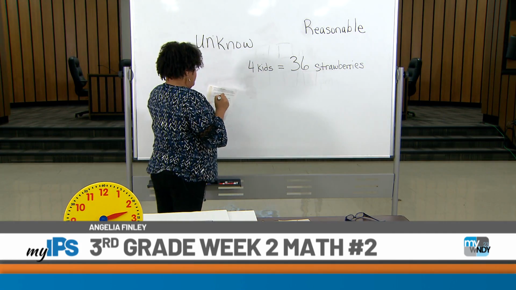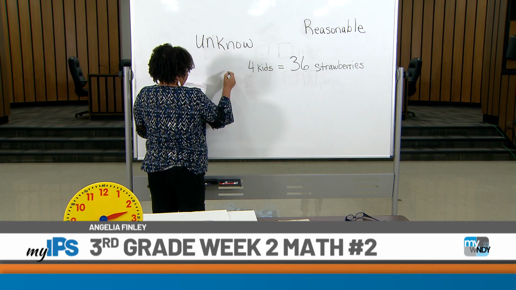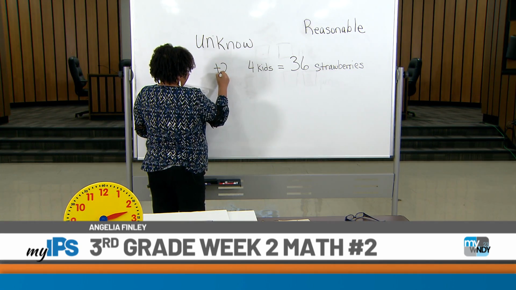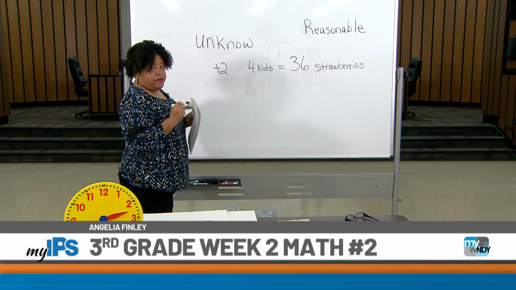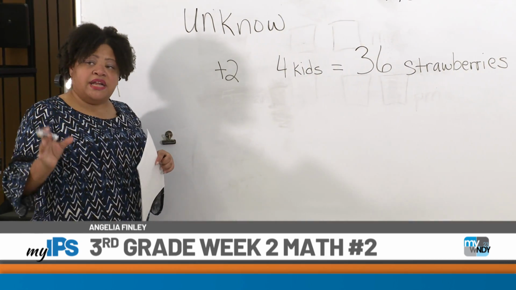Right? Now, let's add to this. We know that grandma gave them 2 extra strawberries. I'm not going to finish this equation now. I'm just going to set it up for you.